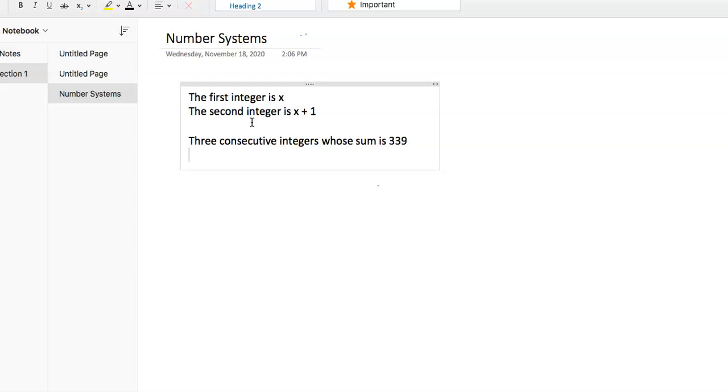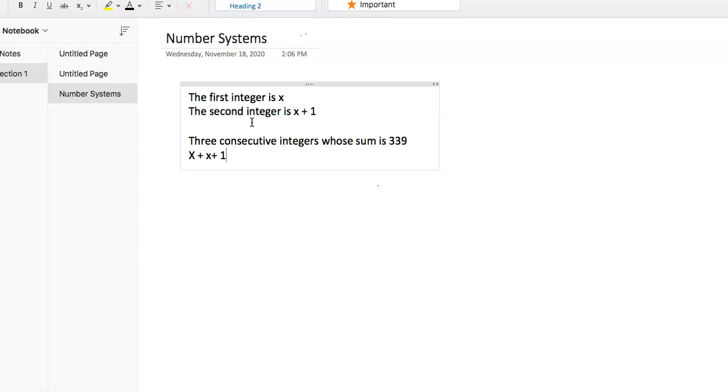Okay, so 3 consecutive integers, and remembering from the beginning of this video, an integer is going to have to be a whole number, right? So like 7 plus 7.3 or something is not an integer. Okay, so the question is, how do we set up the formula? Once we set up the formula, then we have pretty basic algebra to do. Okay, so we have x plus x plus 1, right?